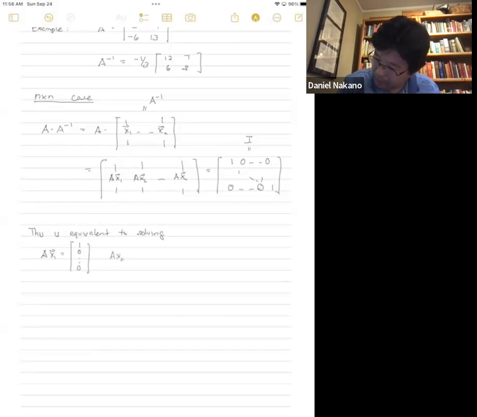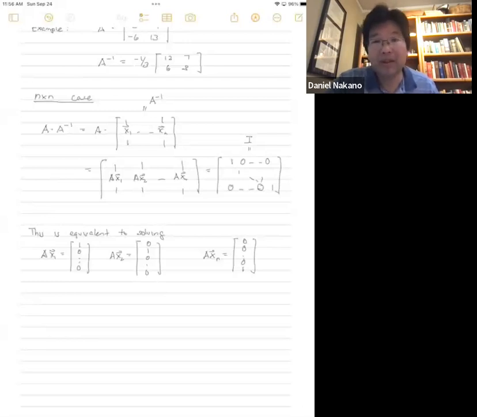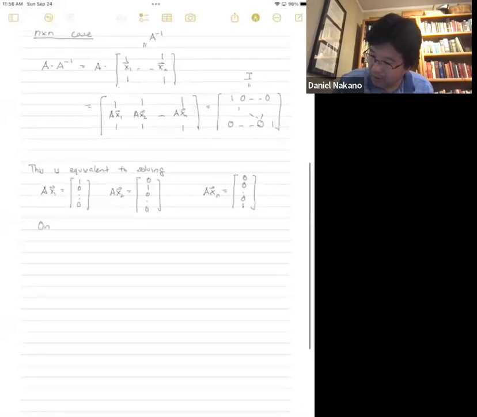A times x2 is the next unit vector 0, 1, 0, 0. And finally, A times xn is equal to the last unit vector 0, 0, 0, 1. So to find the inverse, we can solve these n systems of equations.